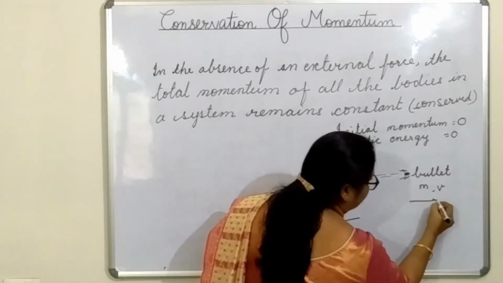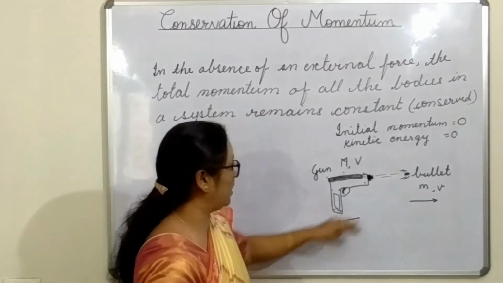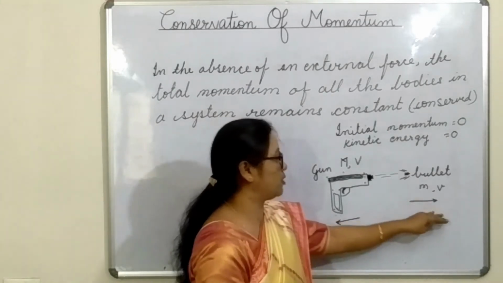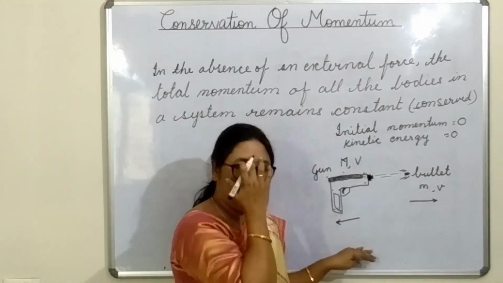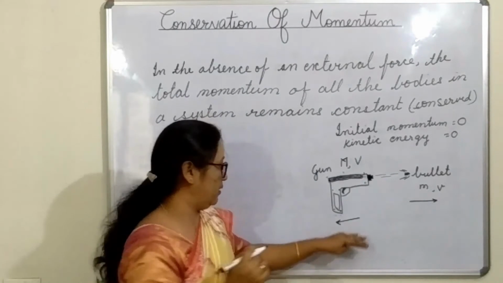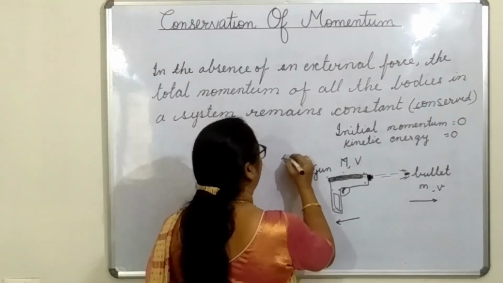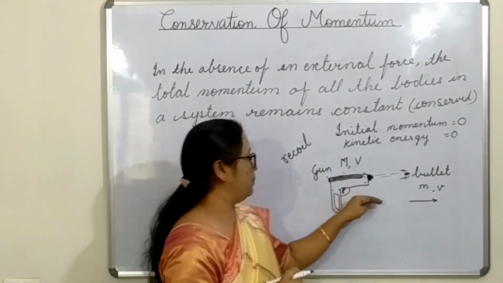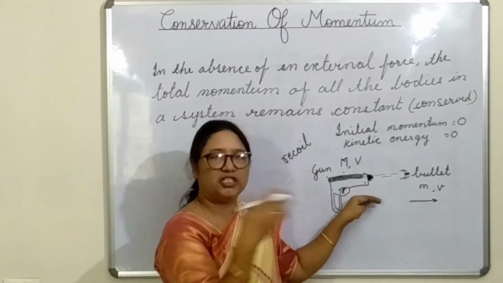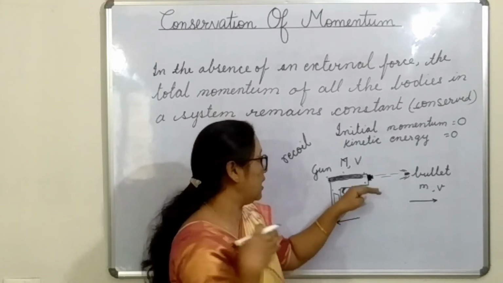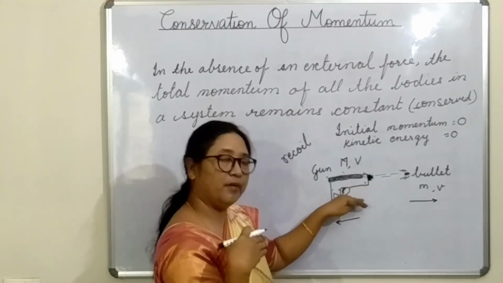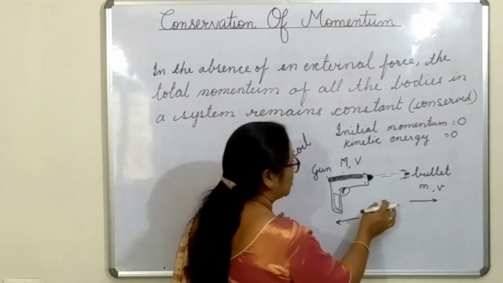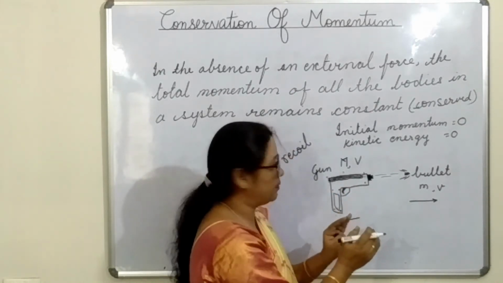The bullet will move in this direction and the gun will move in this backward direction, which is opposite to the velocity of the bullet, and this velocity is called recoil. When a person fires, he gets a jerk in his shoulder because the gun moves backward with a very small velocity. So here we will see how the momentum is conserved.